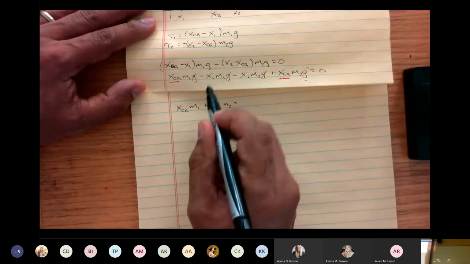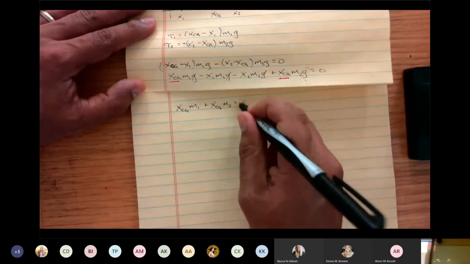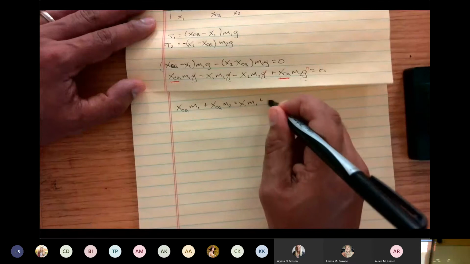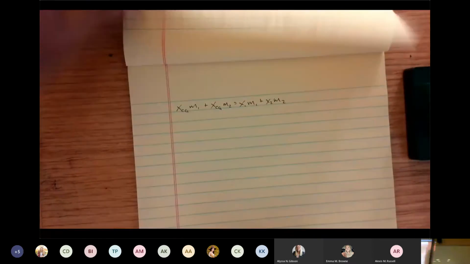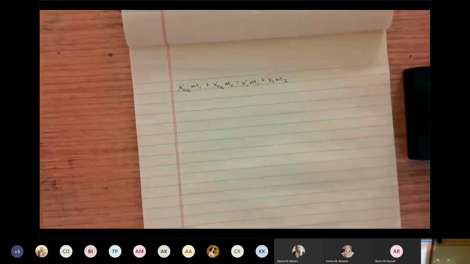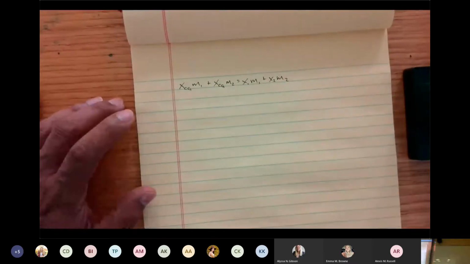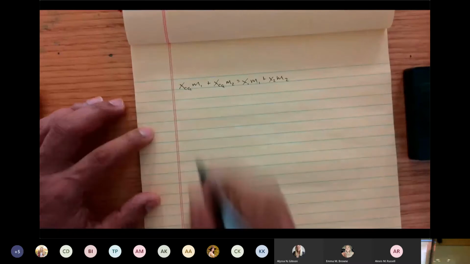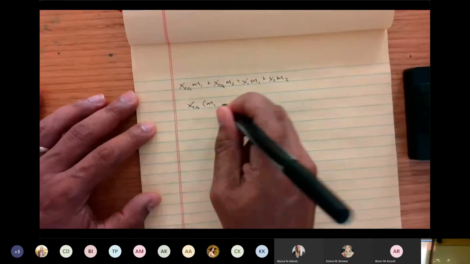And then I'm going to pass these two to the right side, and I'm going to have x1 m1 plus x2 m2. Now I can factor out the x cg on the left side, so I'm going to have x sub cg times m1 plus m2.